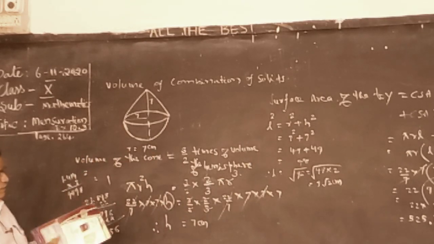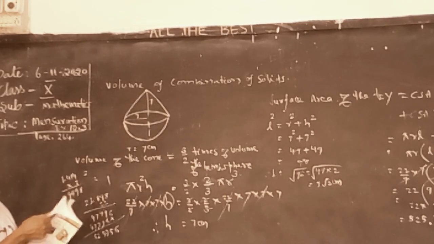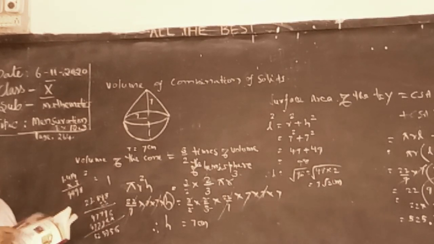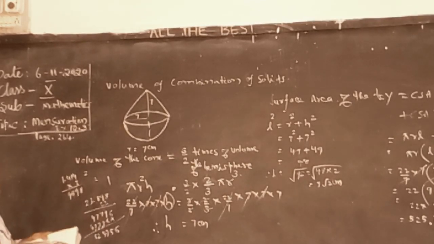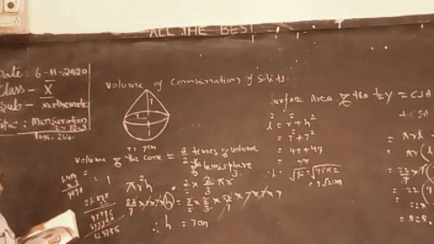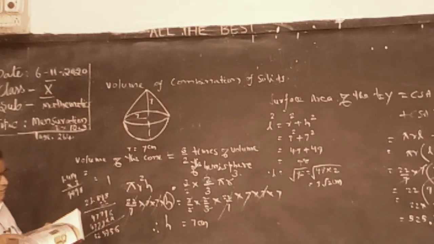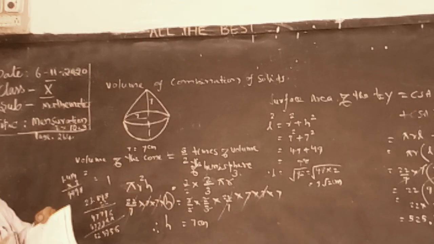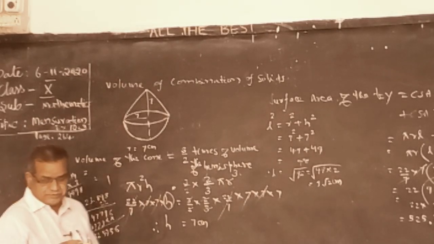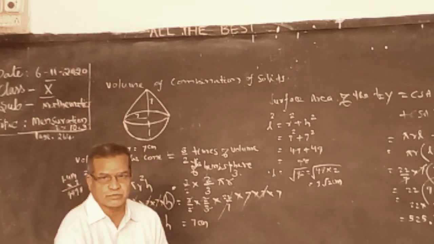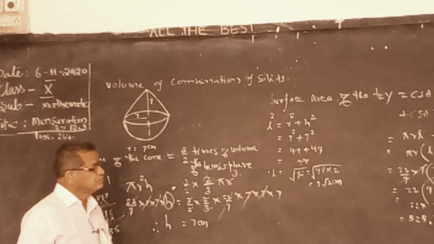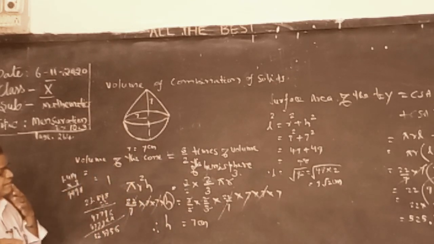If you multiply yourself, check the answers. 795 is given, but all different answers are coming. Once again you check. Some textbook answers are also given wrong, so you check.